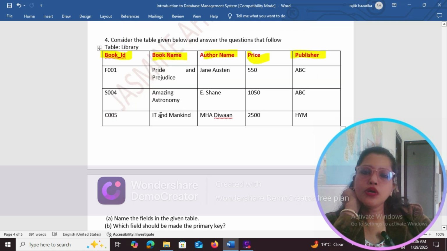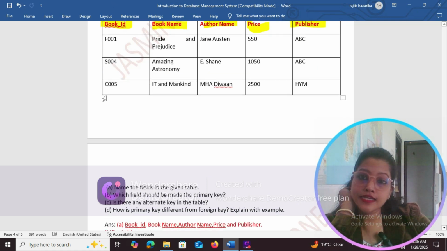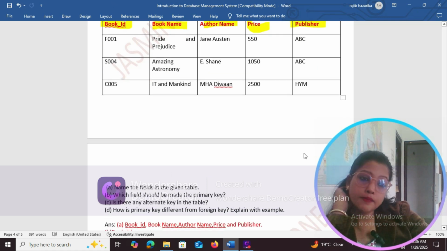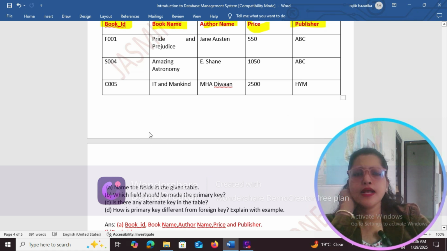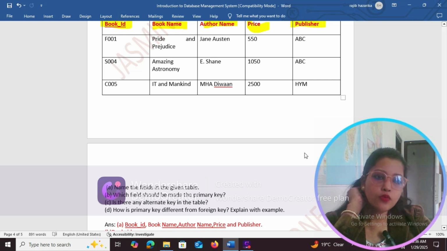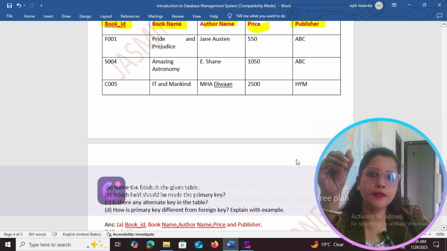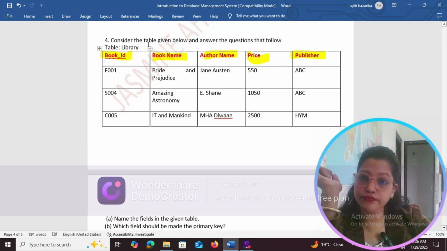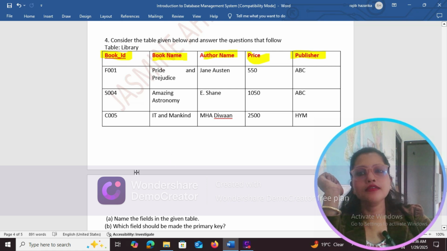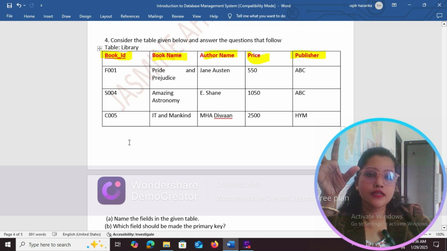Okay, so if we set book ID here as a primary key, and in another table we have other details apart from book name, author name, price, publisher, and only book ID is also present in that table. This is the library table. We have taken a school table also. In the school table we have included student details.